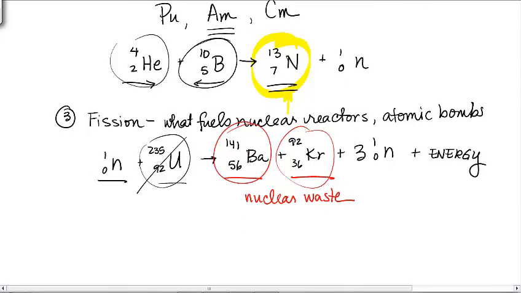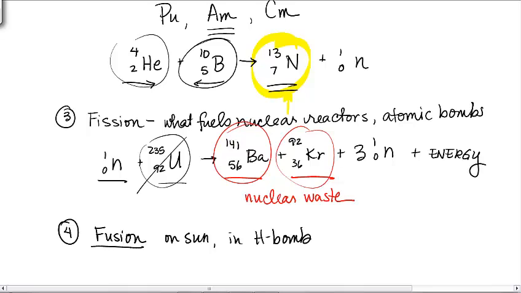And then the last one, fusion, which is what occurs on the sun or in the hydrogen bomb, which is different than the atomic bomb.